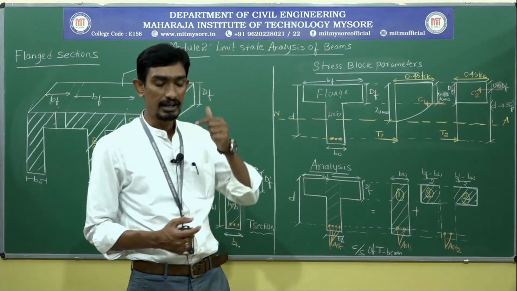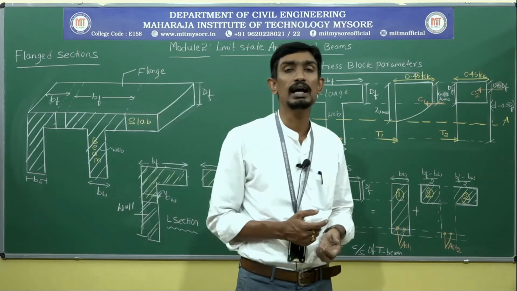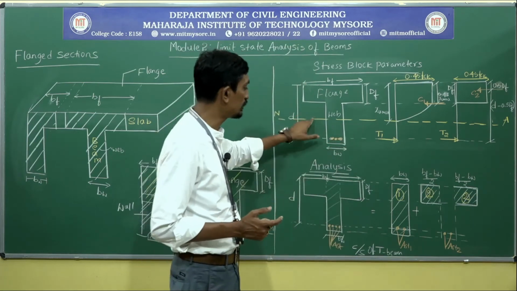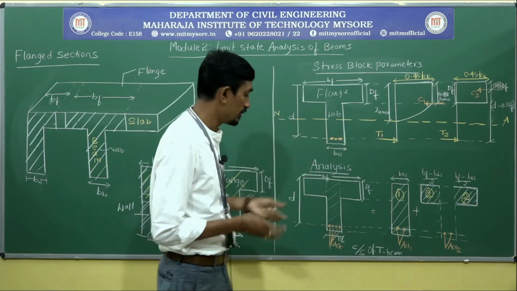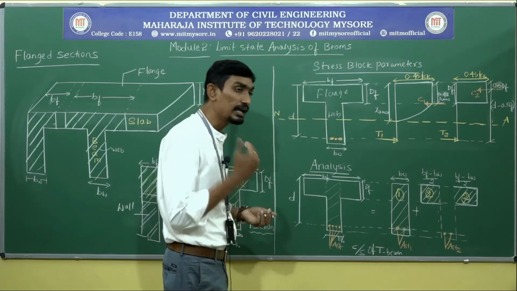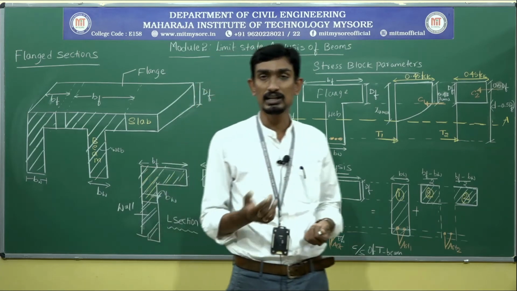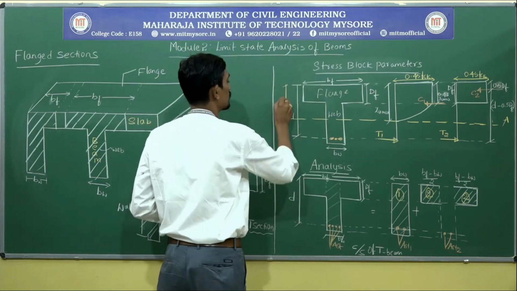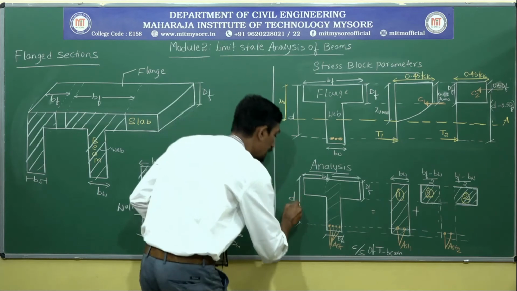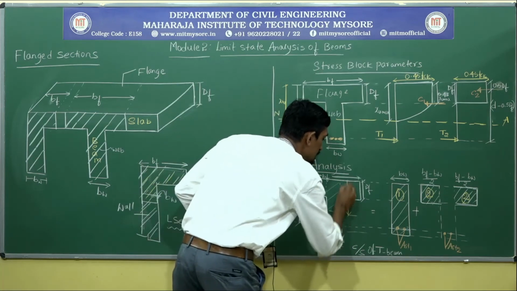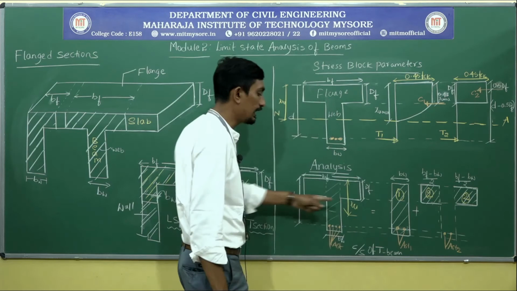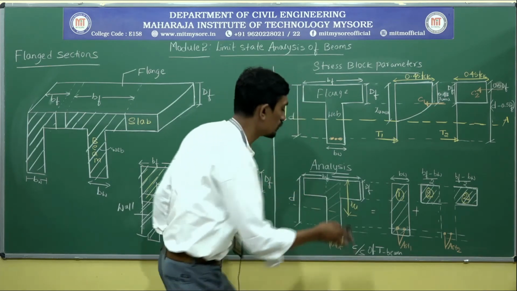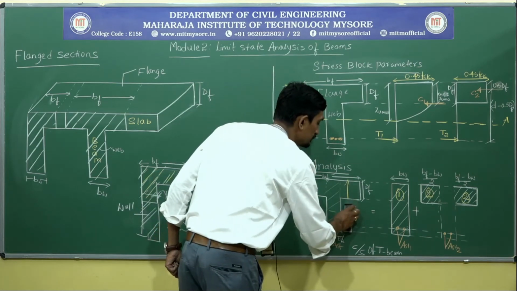And the very important thing we are going to do in the analysis is whether the neutral axis, that is XU, the distance XU, will be lying within the flange. Whether this XU is lying within the flange means obviously XU will be here.